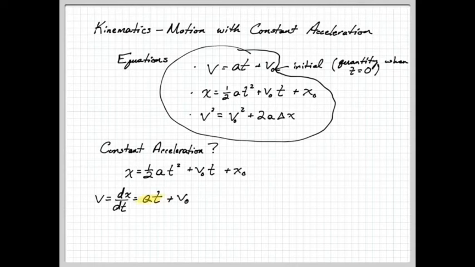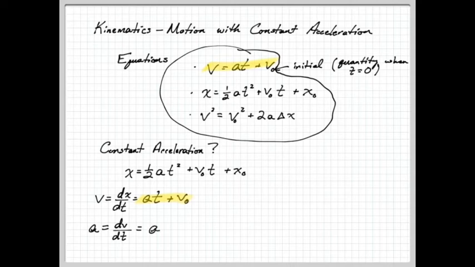Now, what do you notice about this expression? Well, that's one of our kinematic equations. So you see that we're going from the position equation to the velocity equation using the methods we know, and it gets us another kinematic equation. Now if we take another derivative, because the acceleration is the time derivative of velocity, the first term, a times t, that derivative is just going to be a.